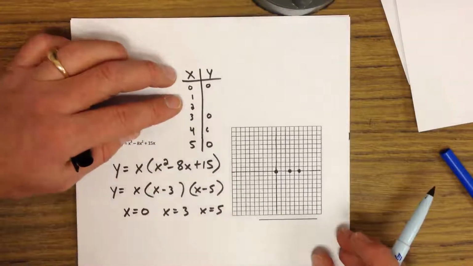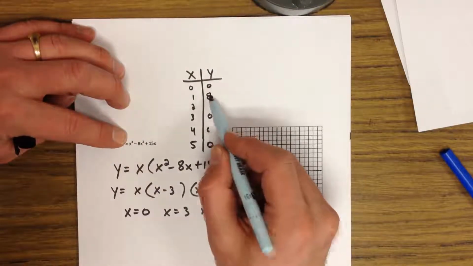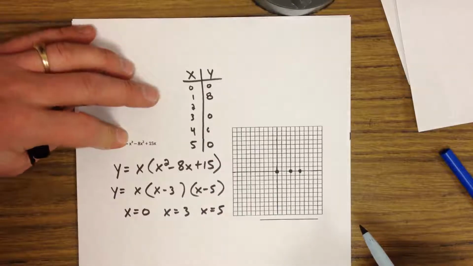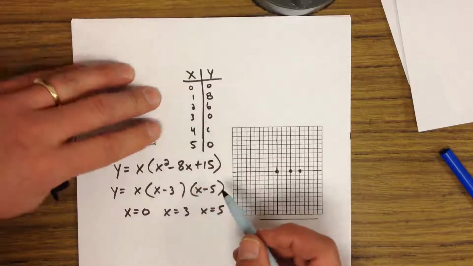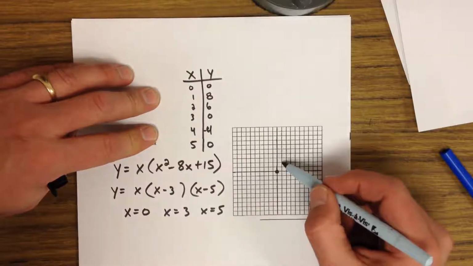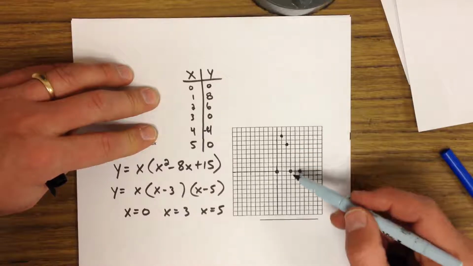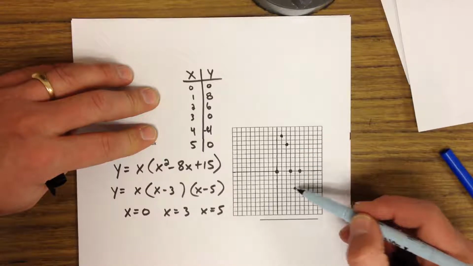So when I plug in 1 to the original equation, I get 8. When I plug in 2, I get 6. And when I plug in 4, I get -4. So 1, 8 is right there. 2, 6. When I plug in 4, I get -4.